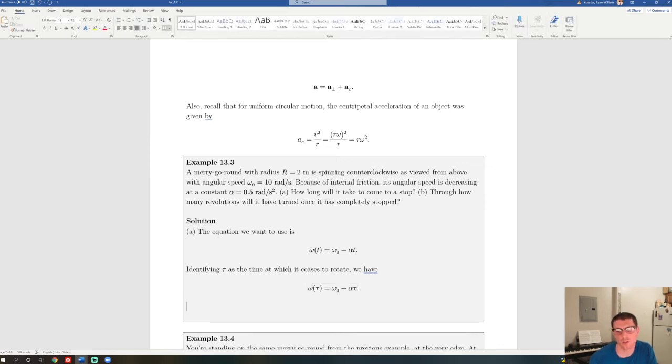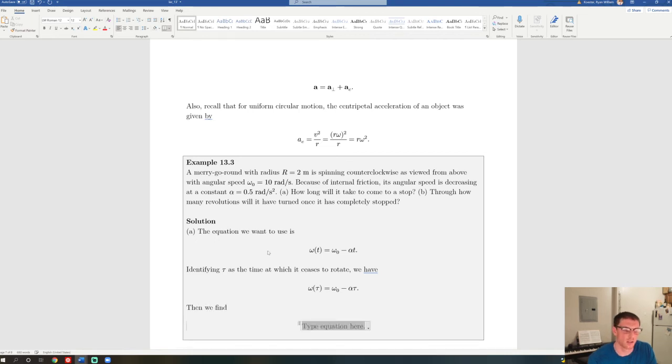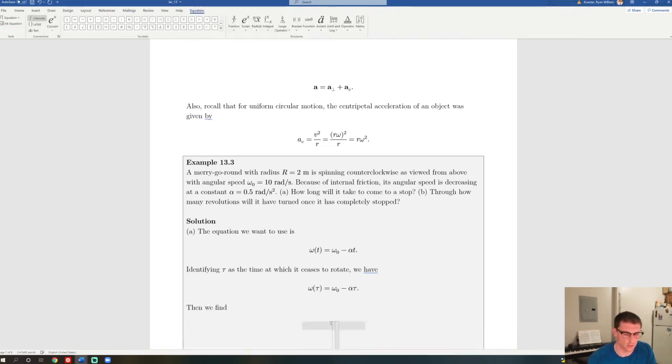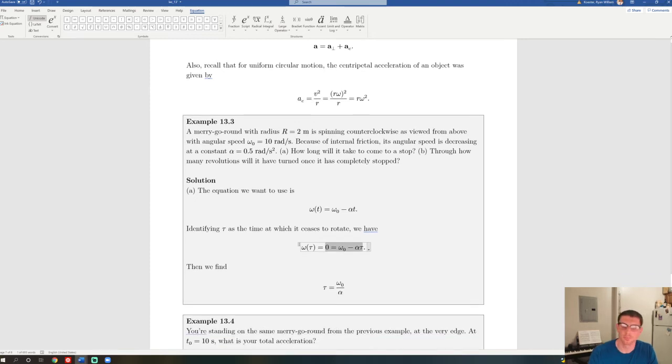And so all we have to do is solve this for tau, right? So then we find that tau should equal omega naught over alpha. And I should have mentioned that this is because we're saying that omega at tau equals 0, right? So what we're really focusing on is this part of the equation that we wrote down.